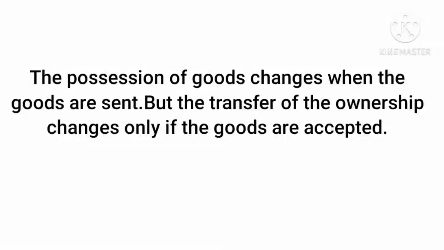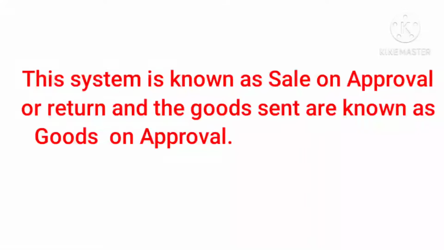It is very important to note that the possession of the goods changes when the goods are sent, but the transfer of ownership changes only if the goods are accepted. It means the buyer gets ownership when he agrees to purchase the goods sent to him. This system is known as sale on approval or return, and the goods sent are known as goods on approval.